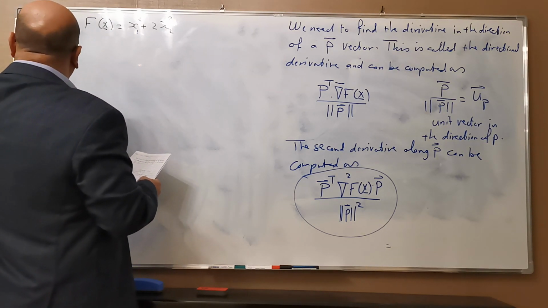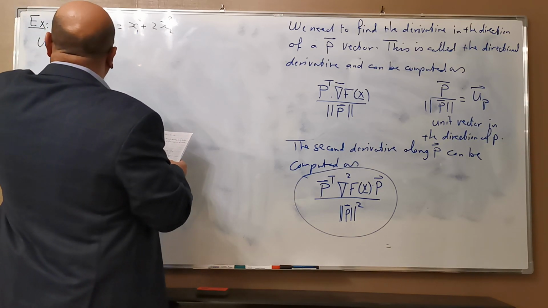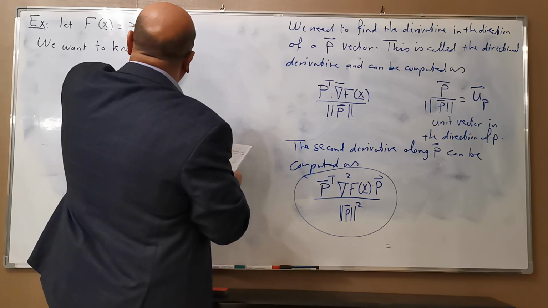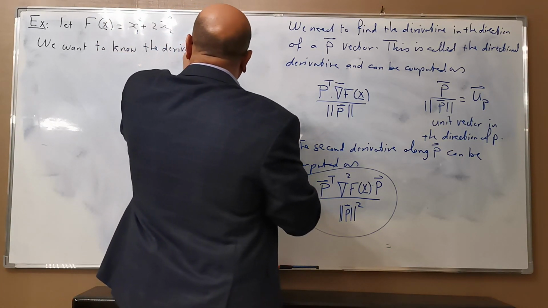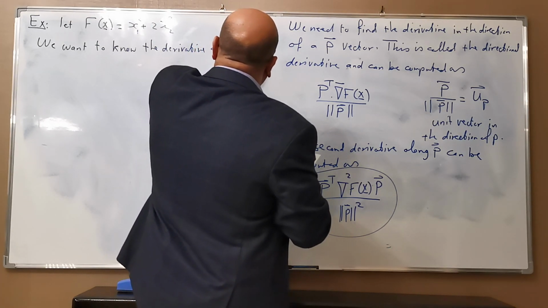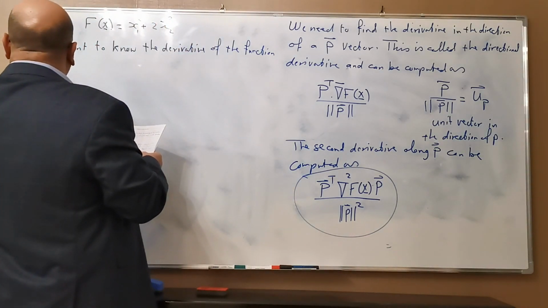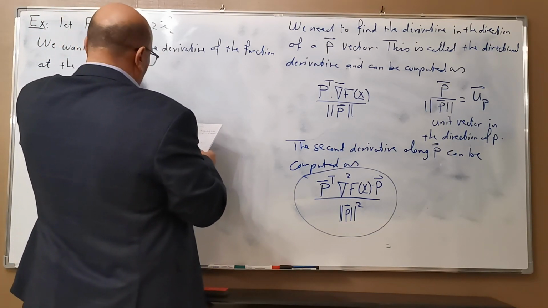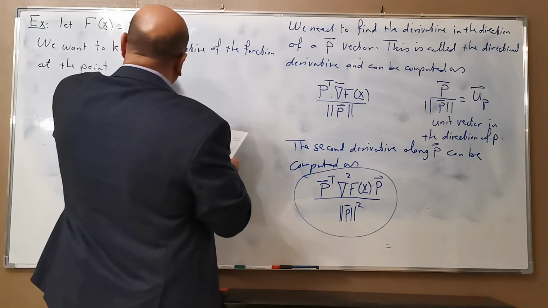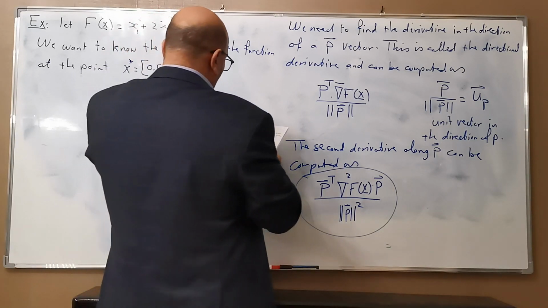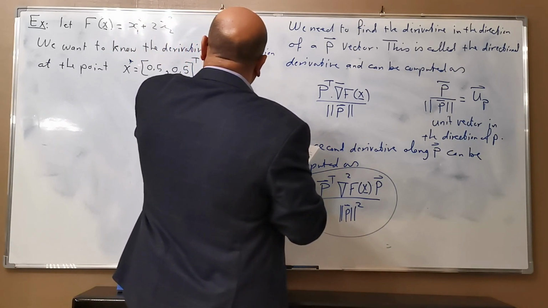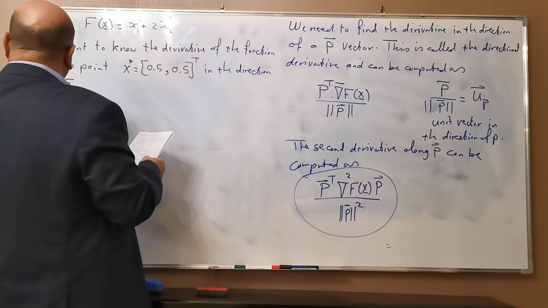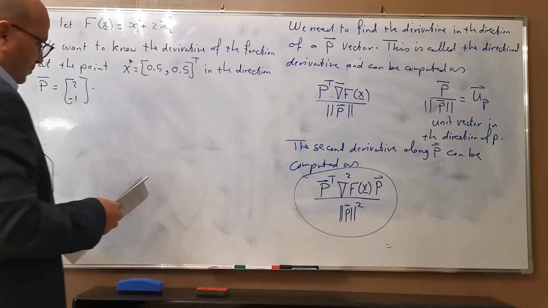And we want to know the derivative of the function at the point x star equals 0.5 and 0.5 transpose in the direction p equals 2 and minus 1. Okay.